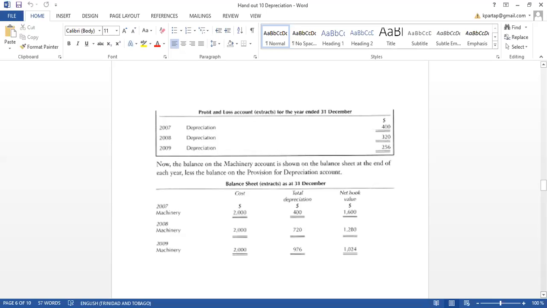The cost of it was 2,000. The total depreciation now for the 3 years was the 976, and we would see that from the provision for depreciation account from above. The net book value when we minus the two would be 1,024. So this is how we end up with the value at the end of 3 years as 1,024.